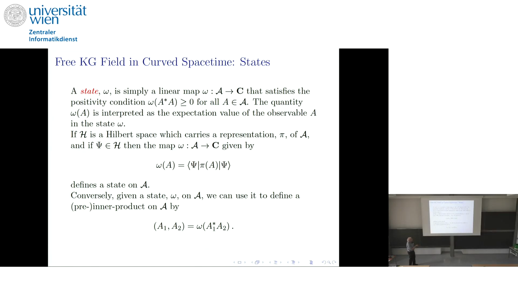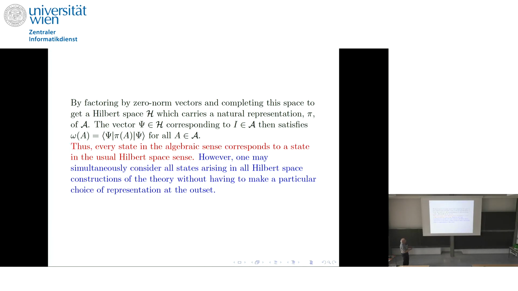You're not requiring strictly greater when A is not 0. But this is practically an inner product, and if you just factor by the 0 norm vectors and then complete it, you'll get a Hilbert space, and that Hilbert space will carry a natural representation of the algebra, because the algebra knows how to act on the states, which are nothing more than algebra elements.